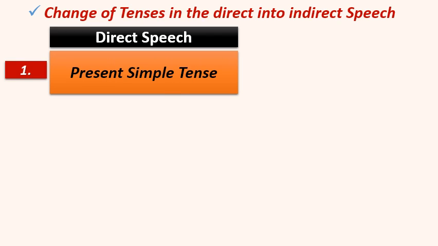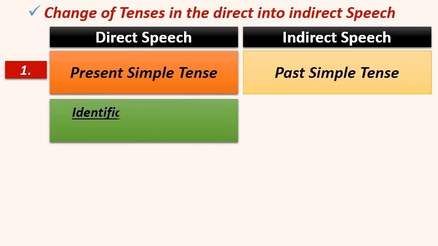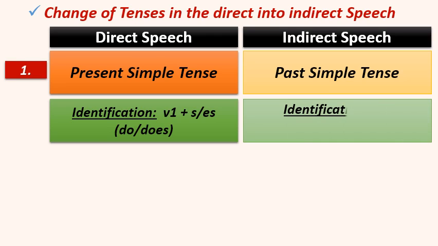Means, if in the direct speech, reported speech is in present simple tense, then it will be converted into past simple tense in indirect speech. So how you will identify that it is present simple tense? First form of the verb plus s or es, or you will get do or does. And identification of simple past tense, that is second form of the verb or did.